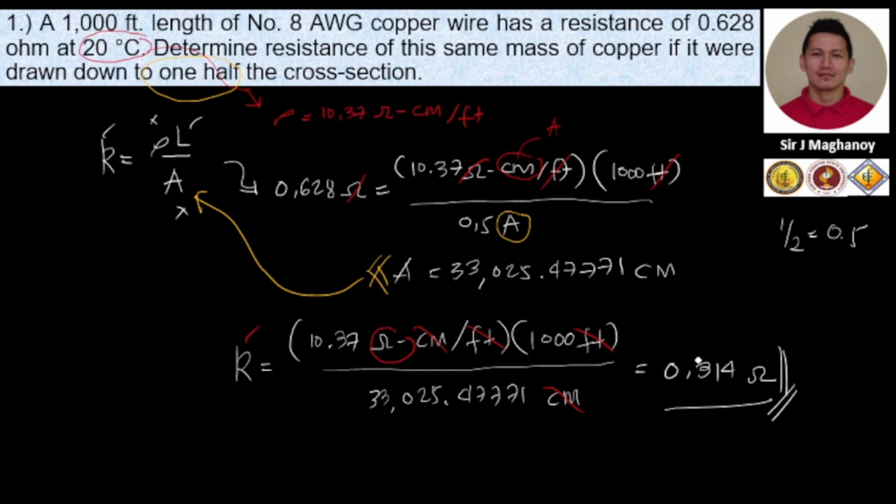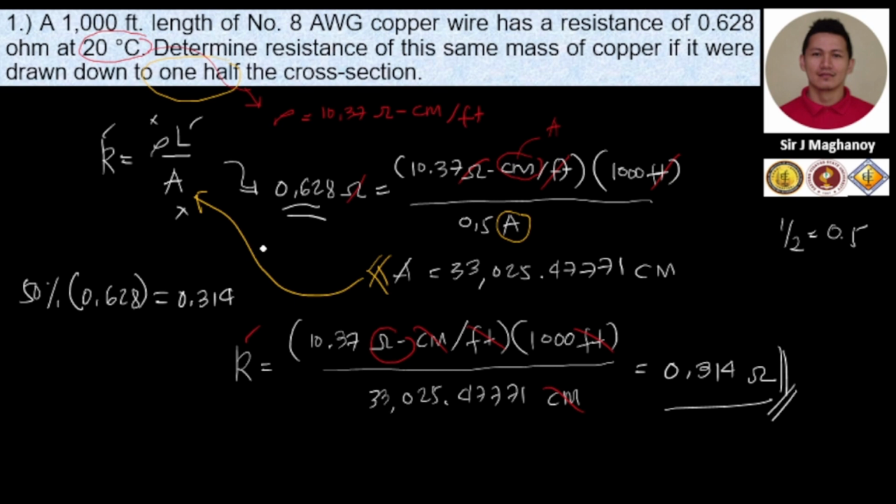So let's check our answer. If we take 50% of 0.628, that is equal to 0.314.